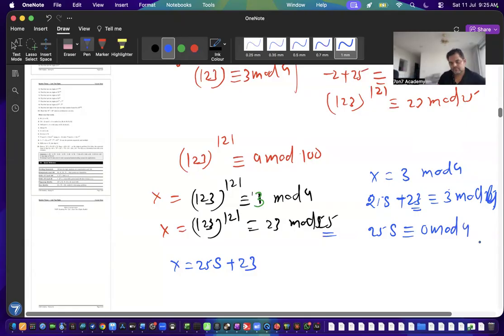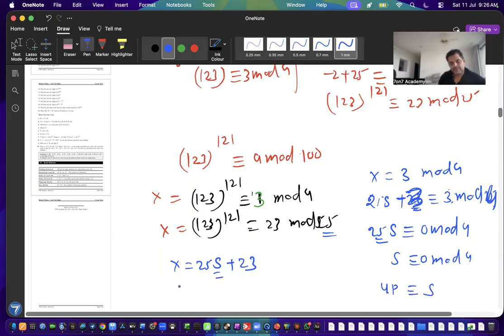Now 25 mod 4 is 1, so that disappears. s is equal to 0 mod 4, which means s is 4p.